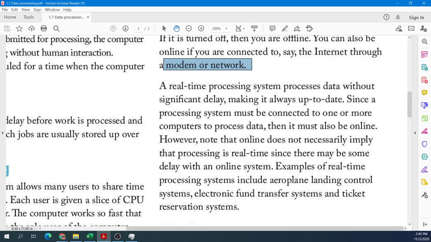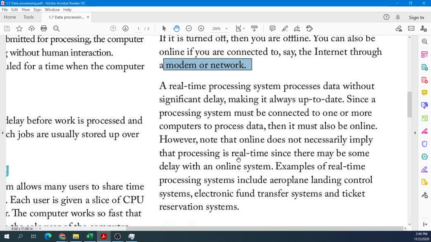However, note that online does not necessarily imply that processing is real time, since there may be some delay with an online system. Examples of real time processing system include aeroplane landing control systems, electronic funds transfer system, and ticket reservation systems.